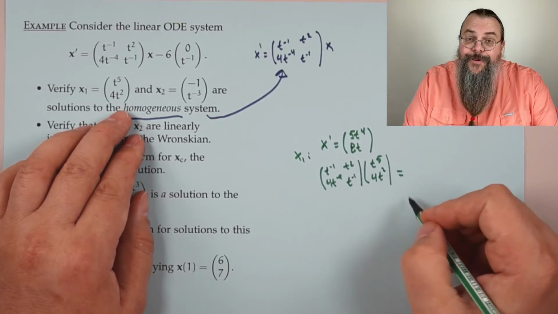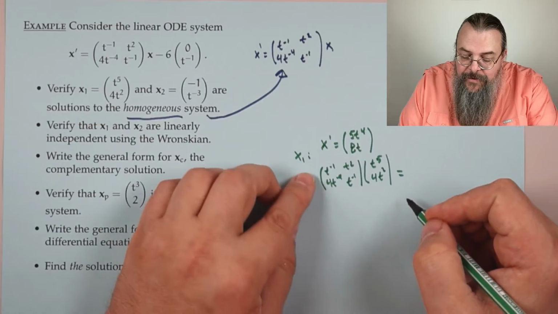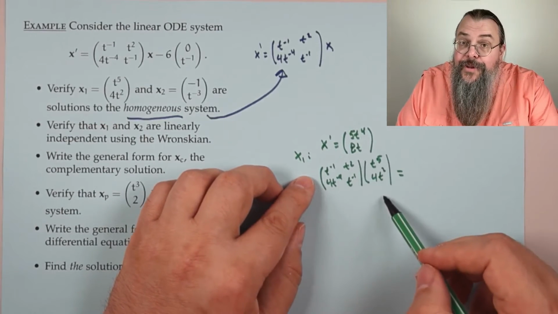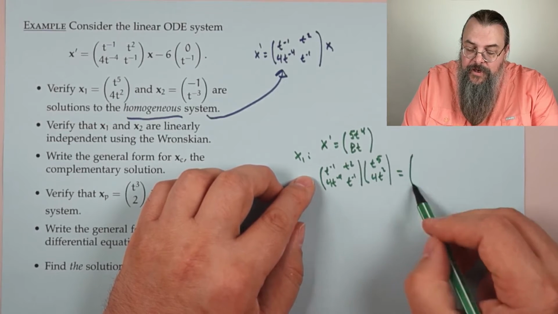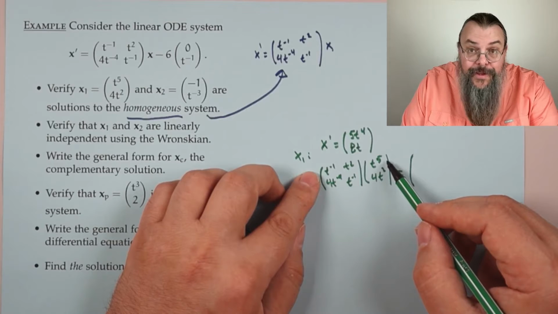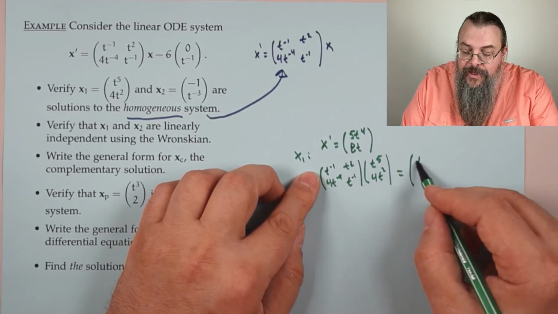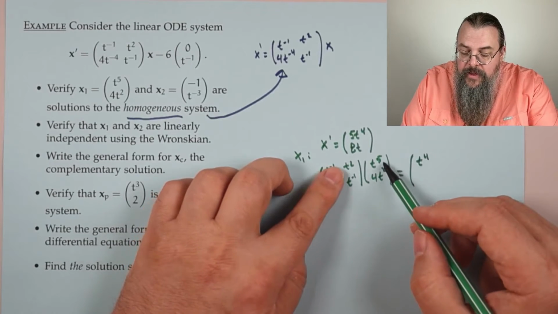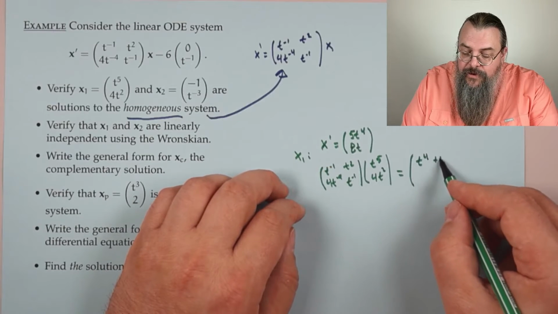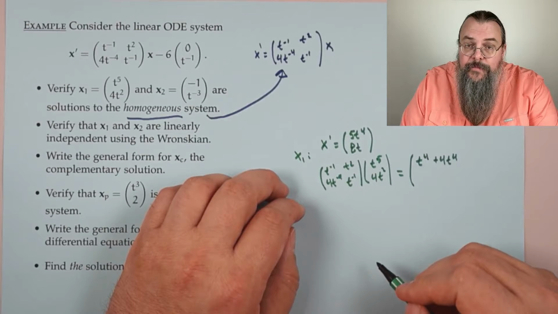Okay, time for us to practice our matrix multiplication. So, along the first row, down the column. Here we go. T to the minus 1 times t to the 5th gives us t to the 4th. T squared times 4t squared gives us 4t to the 4th.